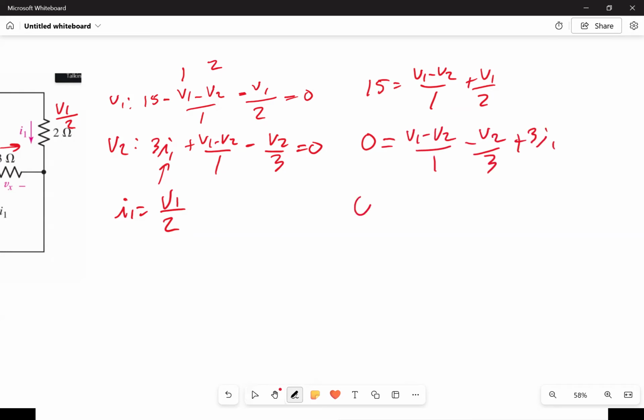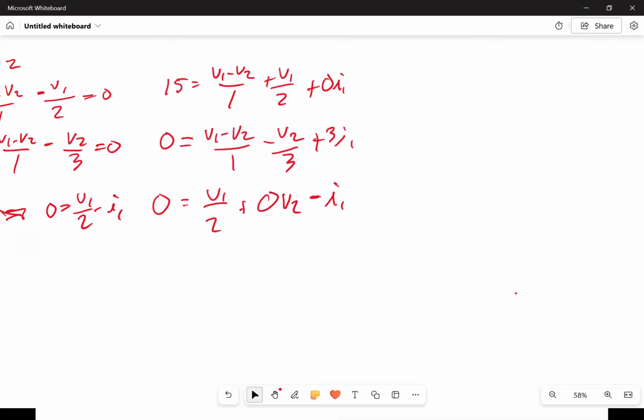And lastly, 0 equals V1 over 2. I can see there's no V2 term, but I know I'm going to need it when I set up my matrices. And this becomes minus I1, because I move it over and get 0 equals V1 over 2 minus I1. So I have to subtract I1. I'm missing I1 over here, right?